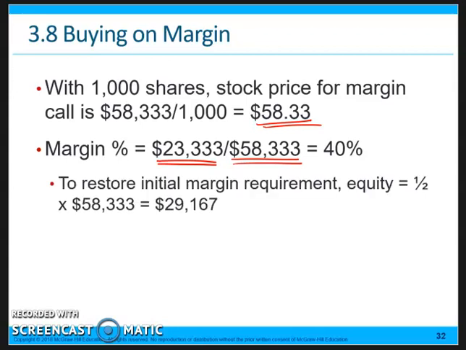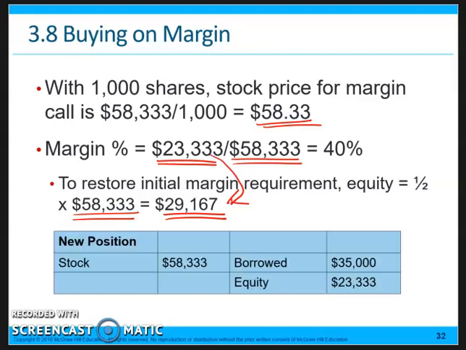To restore the initial margin requirement, we have to take one half of the $58,333, and so we need to increase our equity from $23,333 to $29,167. That would restore our 50% margin, which is shown here.